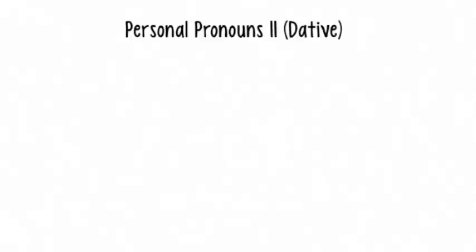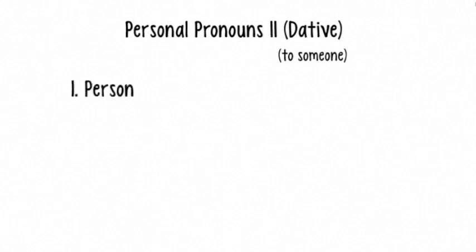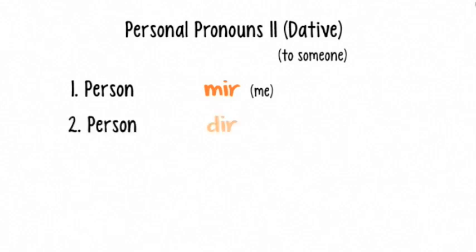As I already mentioned, the personal pronouns in the dative case is used to indicate the noun to which something is given. Let's have a closer look at the first person. The first word is mir, which means to me or me. The second person, dir, which means to you or you.